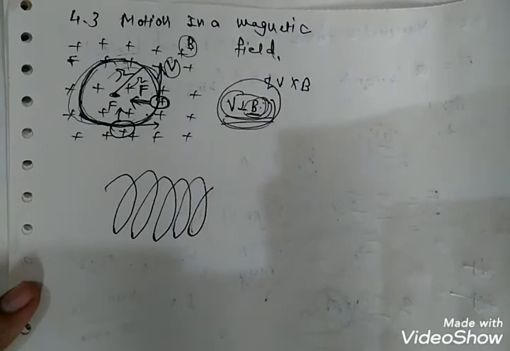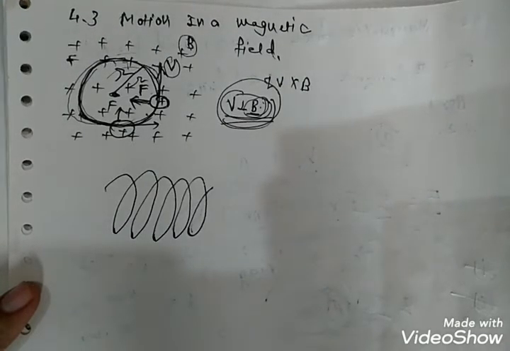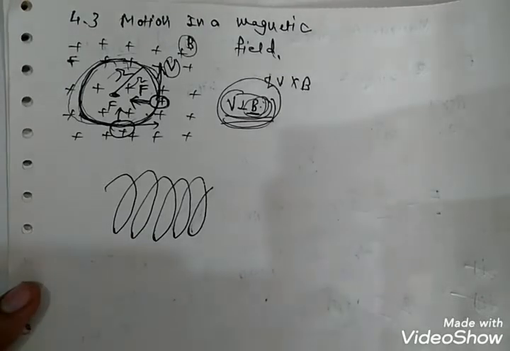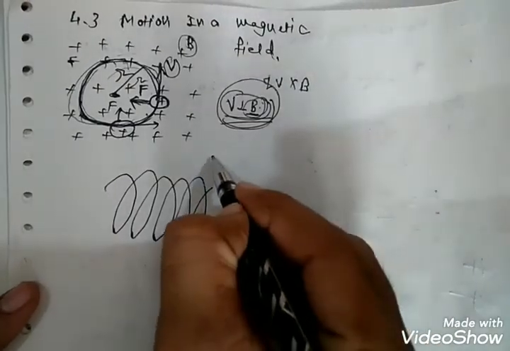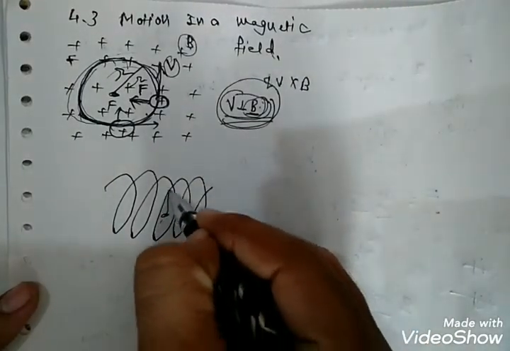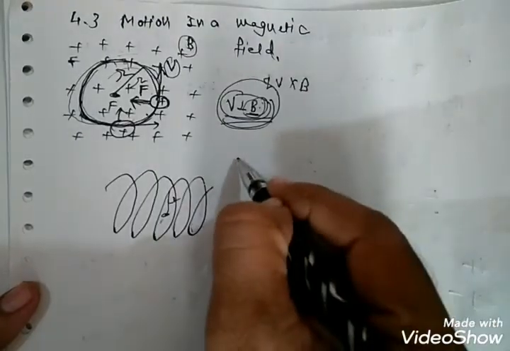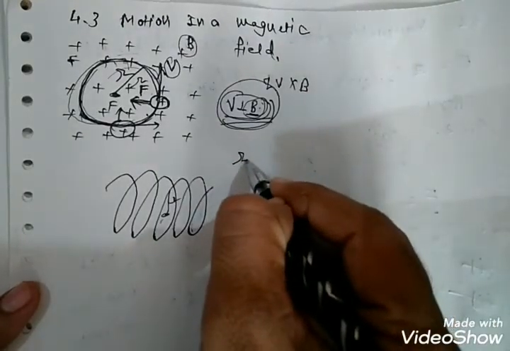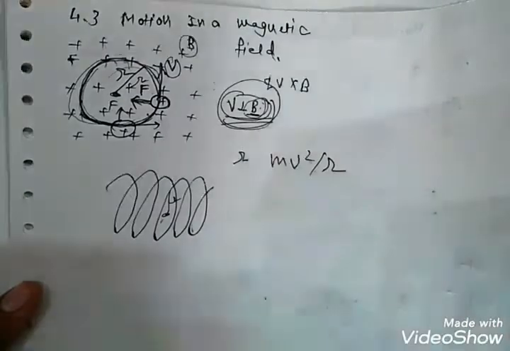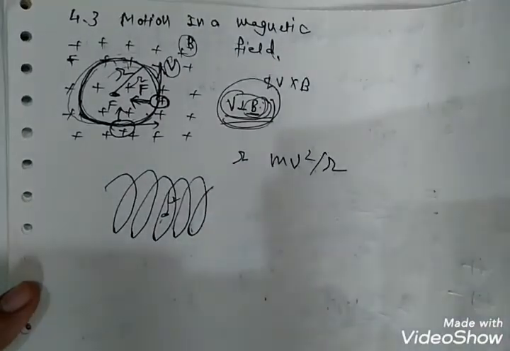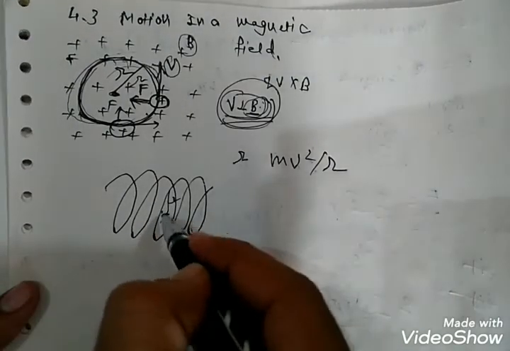We already discussed this in standard 11th, chapter 4. If r is the radius of the circular path of the particle, the force m v square upon r acts perpendicular to the path towards the center of the circle.